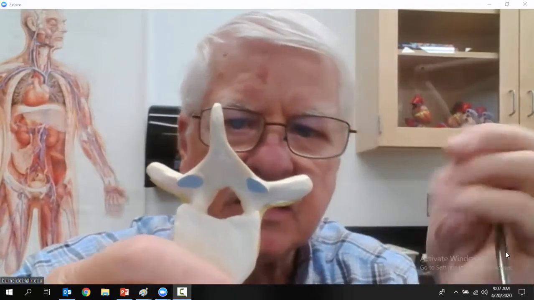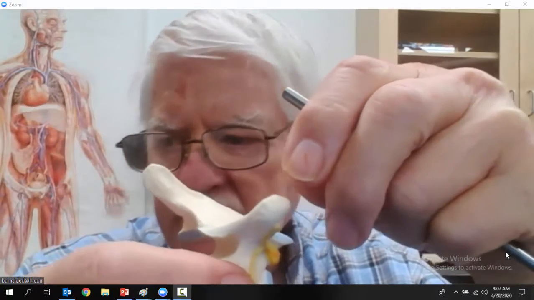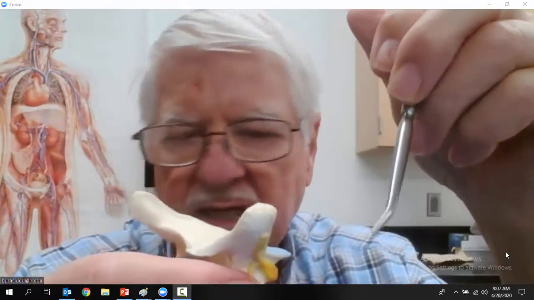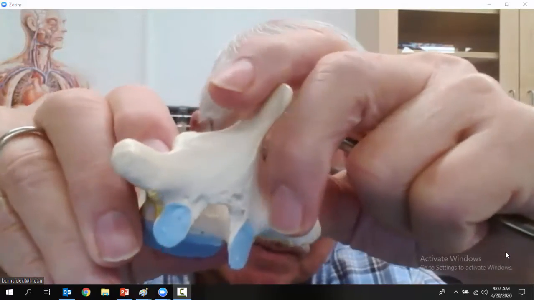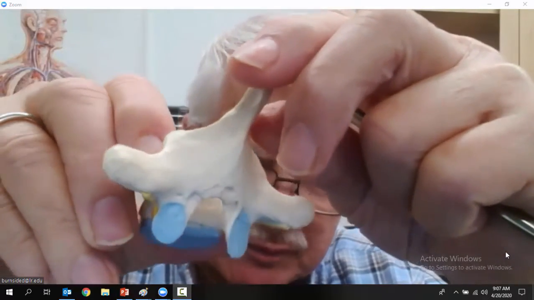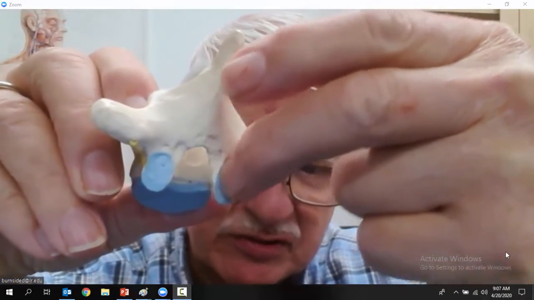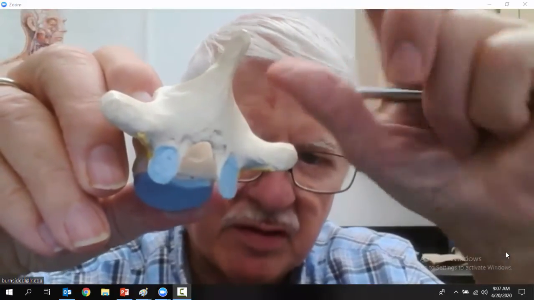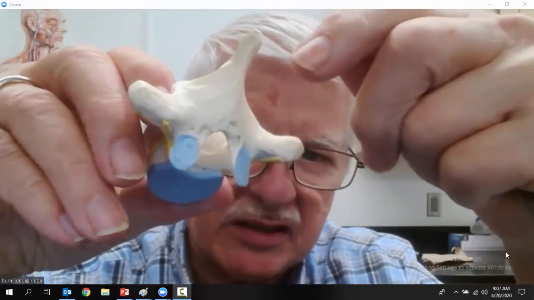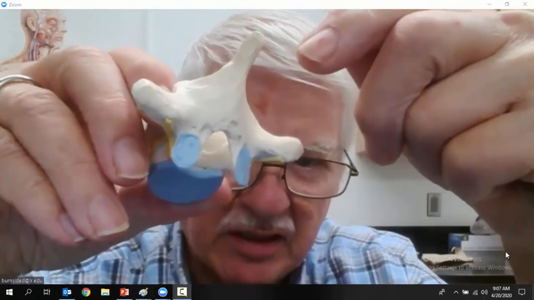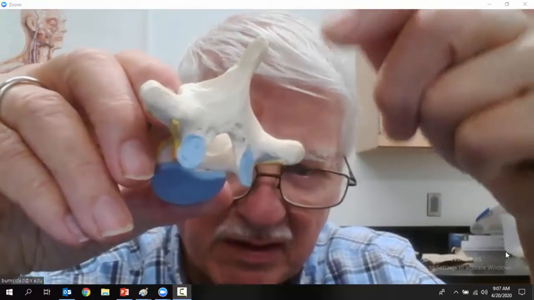Okay, so now there are also some articulating facets, and they're indicated by these blue things. The ones on the top, there's four of them altogether, are called the superior articular facets. These are the superior articulating facets, so they articulate or touch the facets of the vertebra above them.